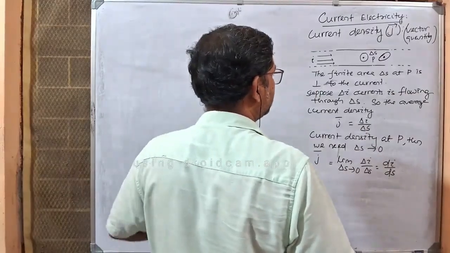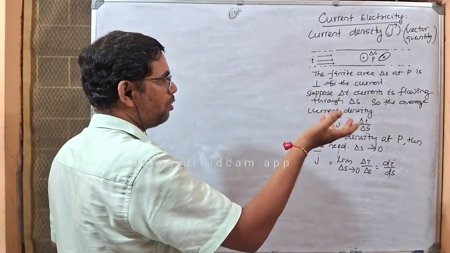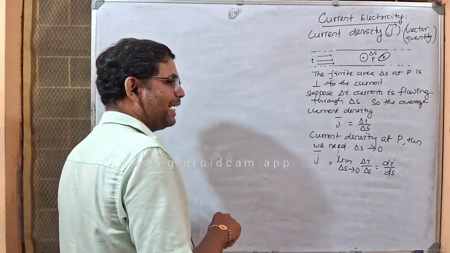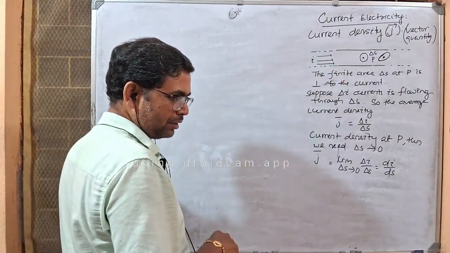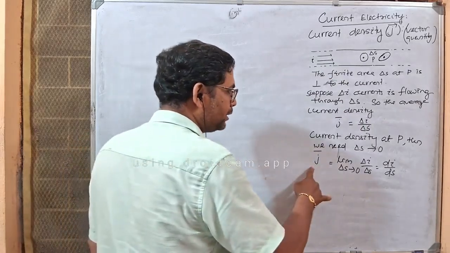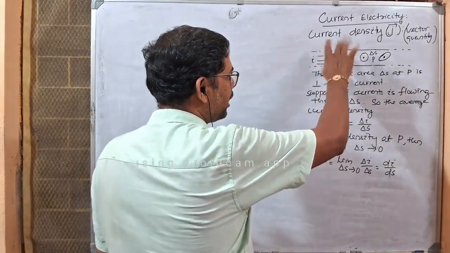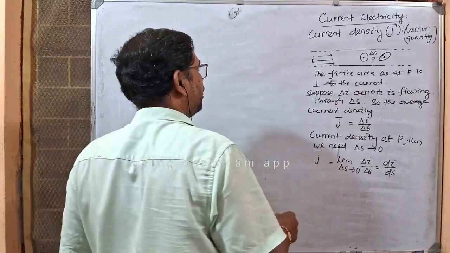Either the area gets less or the current flowing through that point will get less. That will change my current density, but I am not changing the current. So how will current density change?